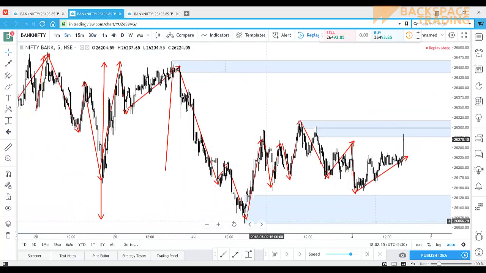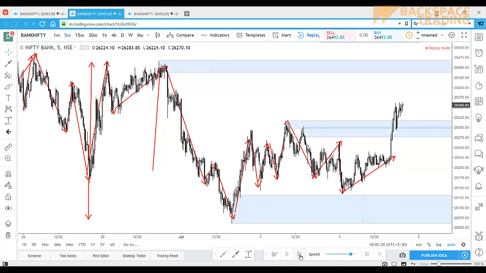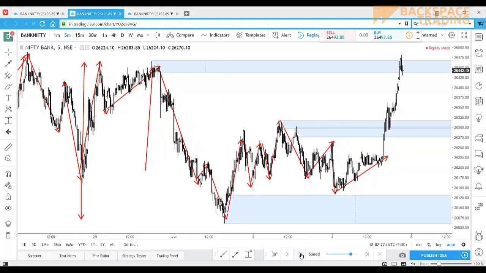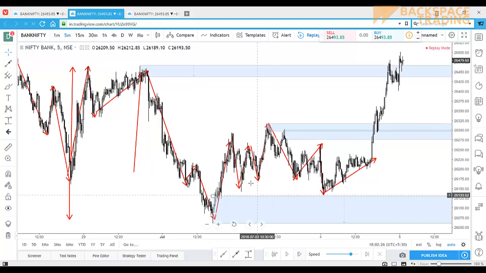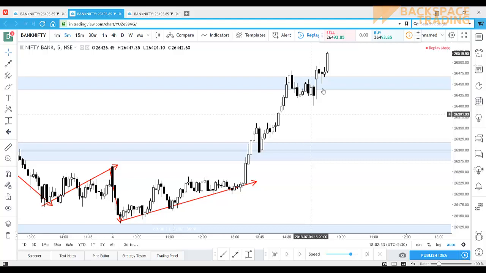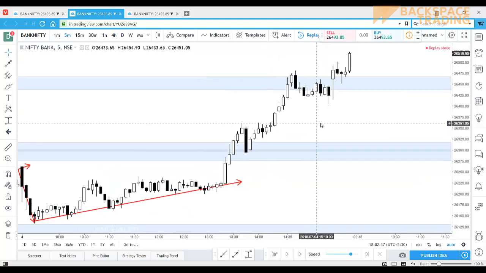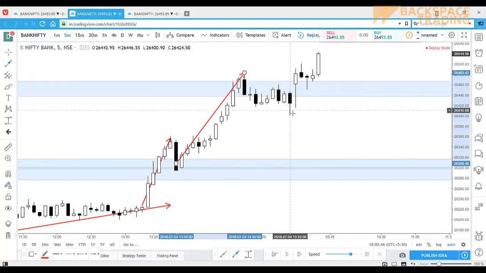What I'm gonna do on 5 minute, here also it should come around over here. So this candle depicts, okay, there is strength in bulls, again a bull strength.